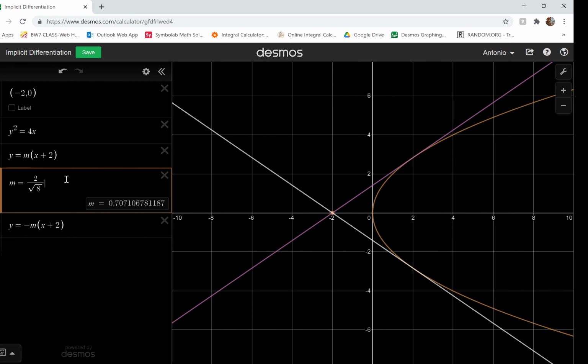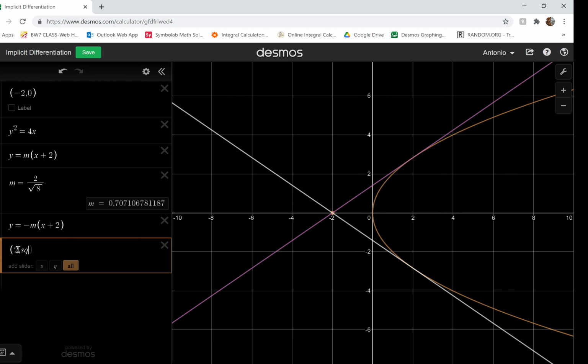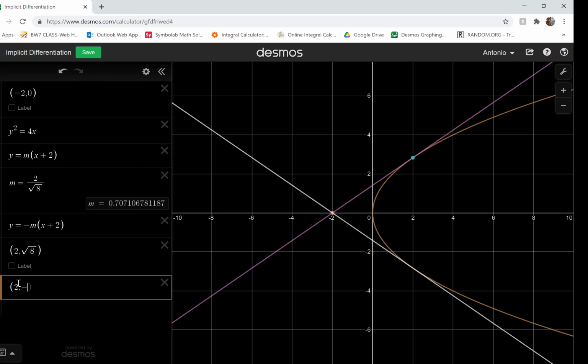And now we see we have those tangent lines, right? And just so we see it clearly, let me graph the point. One of the points would be 2 comma square root of 8. So there's the tangent point. And the other one would be 2 comma negative square root of 8. So there you go. All right, that's how you would solve this problem. Okay, thank you.